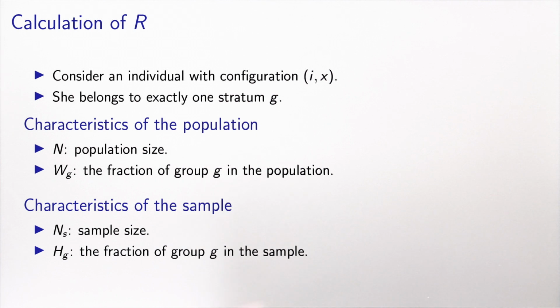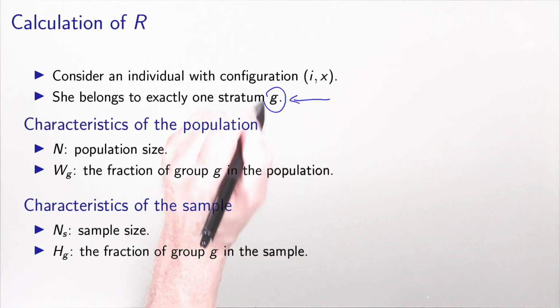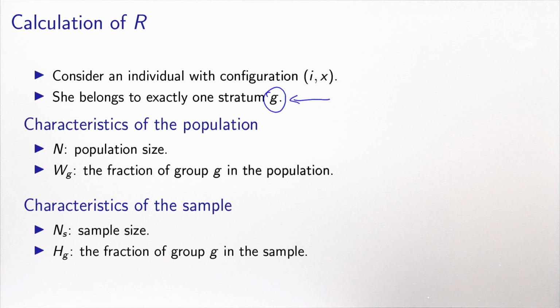It means that X is the value of his exogenous variables, and I is the choice that this person is making. And because of the definition of the strata, this person belongs to exactly one stratum that we denote by G. And now we will look at several quantities. So capital N is the size of the population.